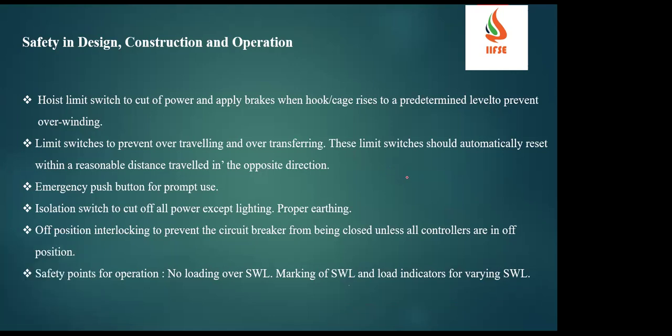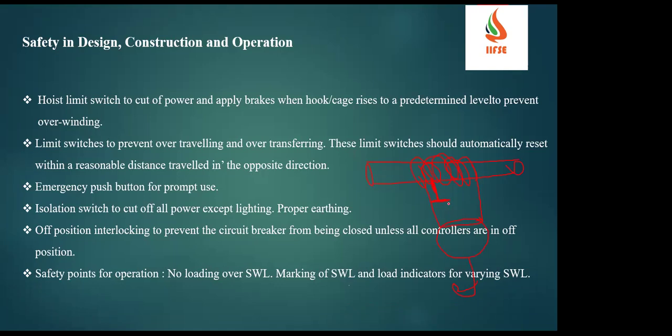For example, we'll have a wheel drum. It will be with a rope, and then on one side we'll have a hook. Here we have a hook. So we'll have a limit switch.